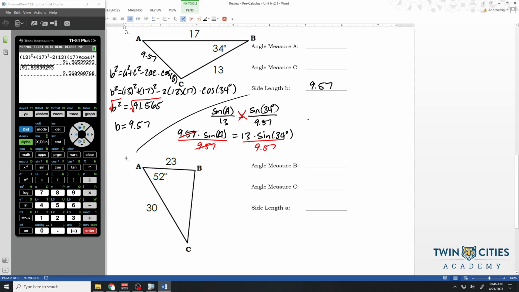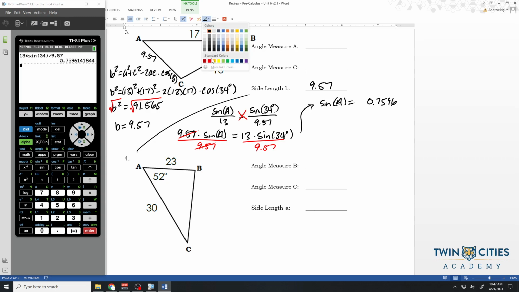So here I've got the sine of a is going to be 13 times the sine of 34 degrees. Divide that by 9.57. This is 0.7596.